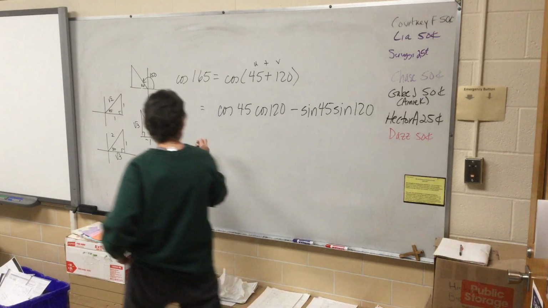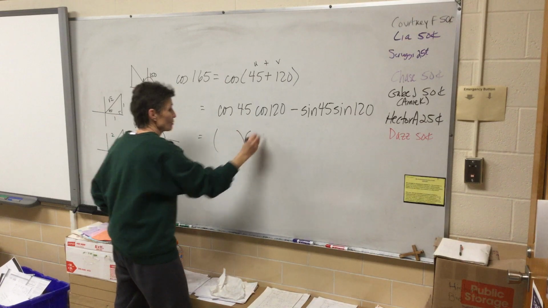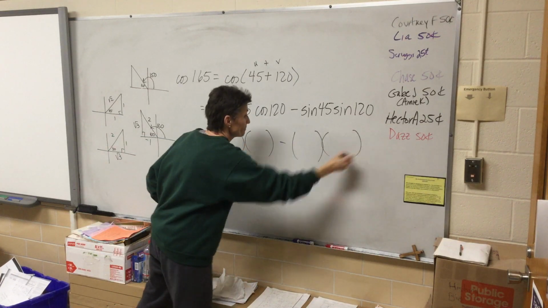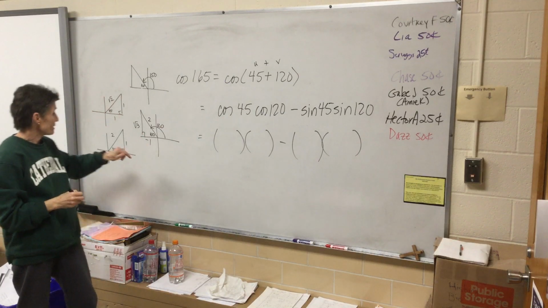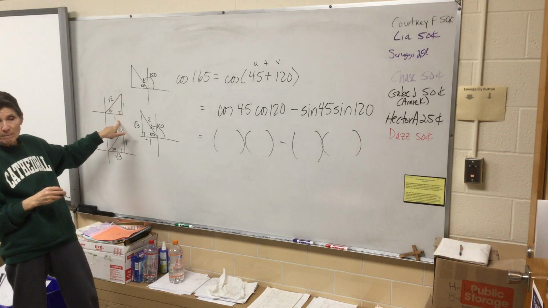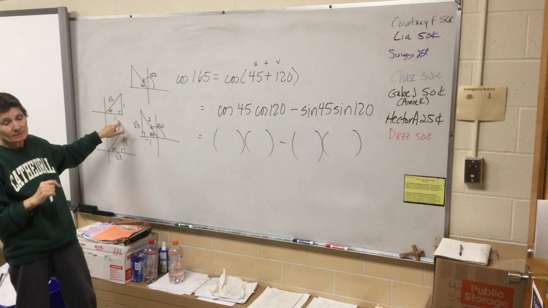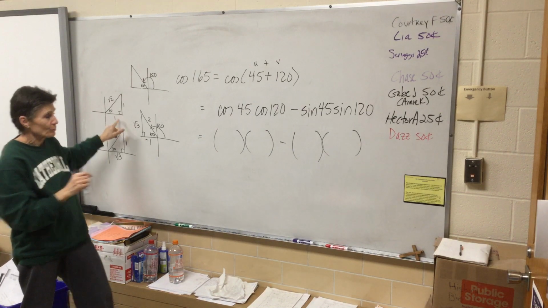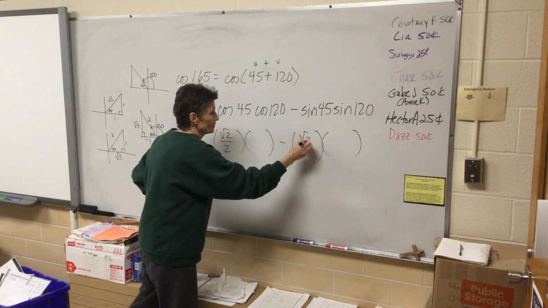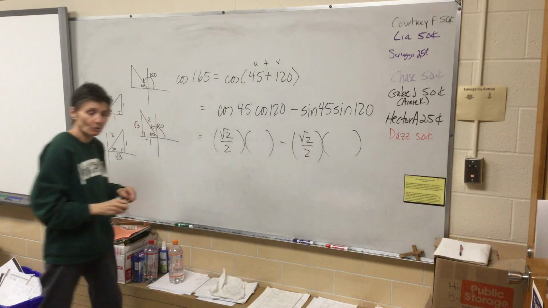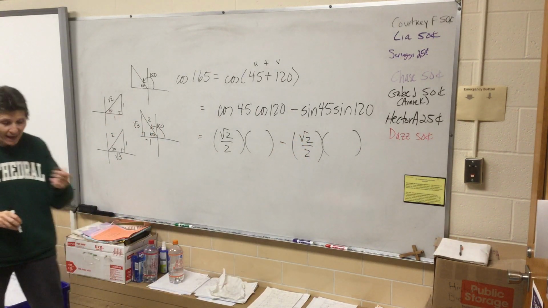Okay. So let's start plugging in the numbers. Again, there's 4 of them. You got to plug in. The cosine and sine of 45, remember, are the same. And they're 1 over root 2 or root 2 over 2. Now, use that one a lot, so you'll probably just start rattling that off.